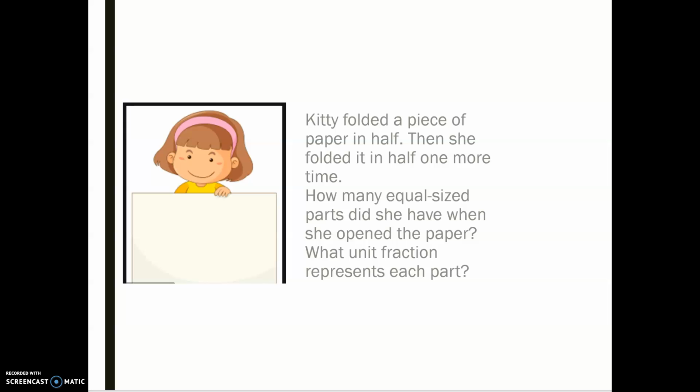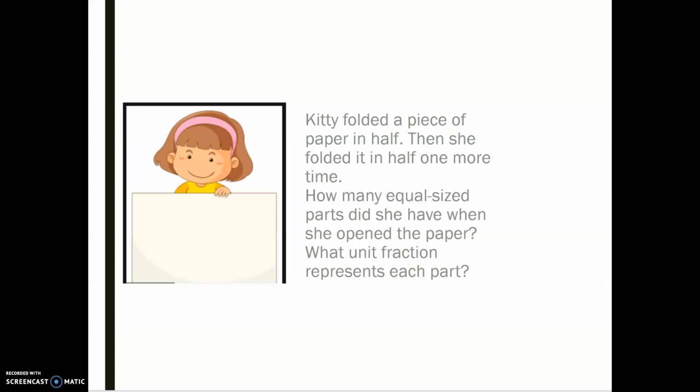Fold it in half again. When you open the paper, how many squares do you have? You have 4 squares. Yes. And each of those 4 squares represents how much? A fourth.